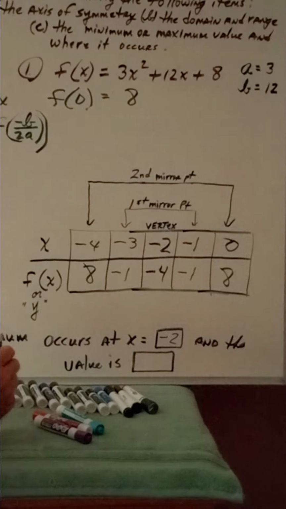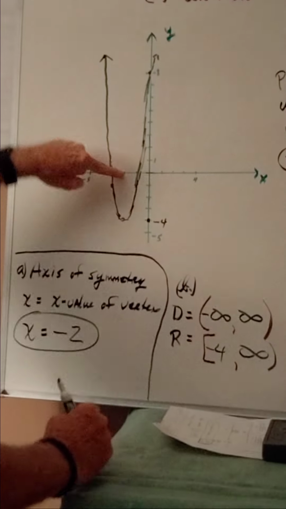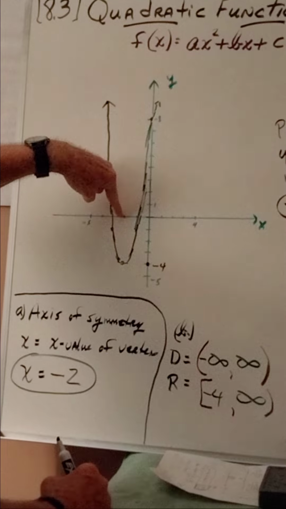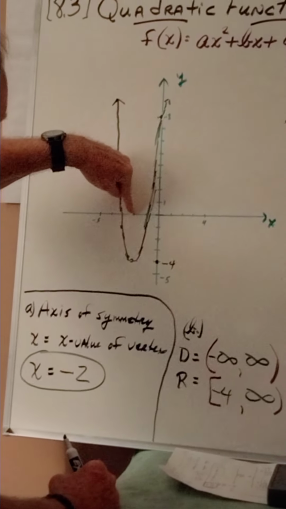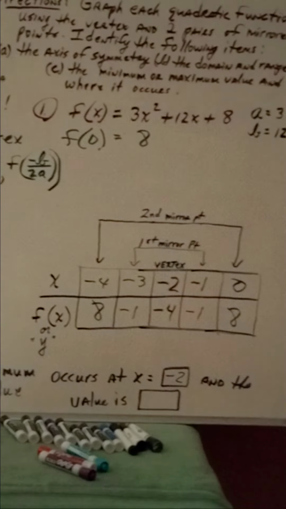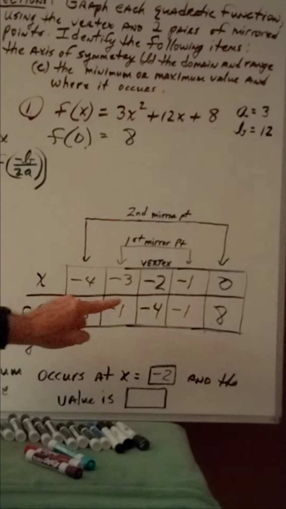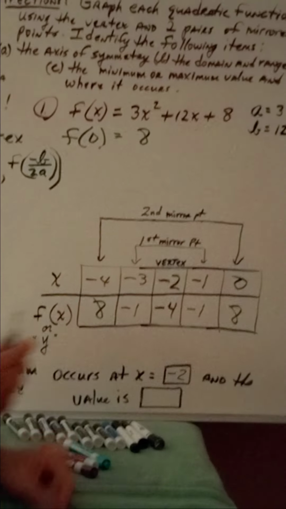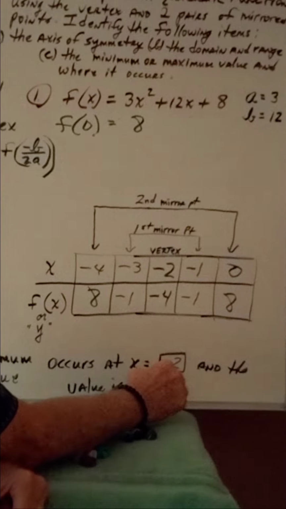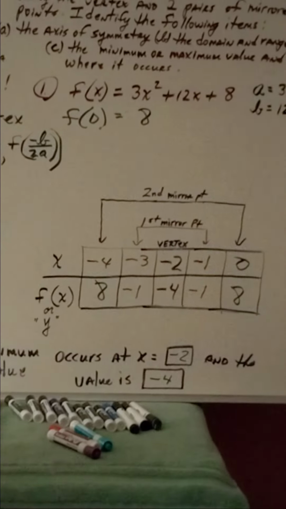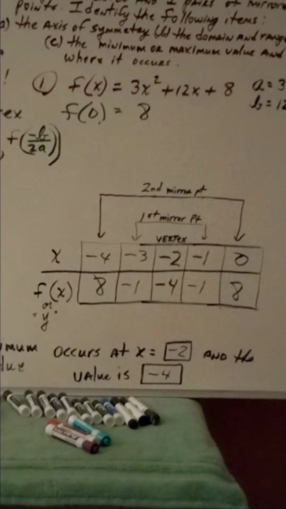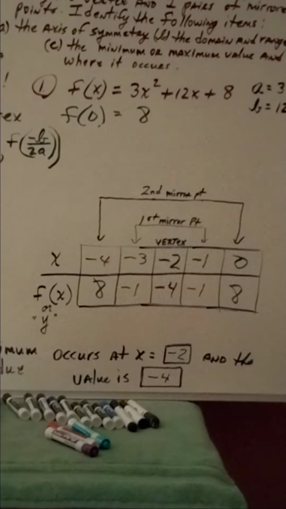You see, you have to move over to x is equal to -2 to be able to find that minimum value. And what is that minimum value? The minimum value will always be the y value of the vertex. So that minimum value is -4, and there is the overall finished product for the very first problem that we have done.